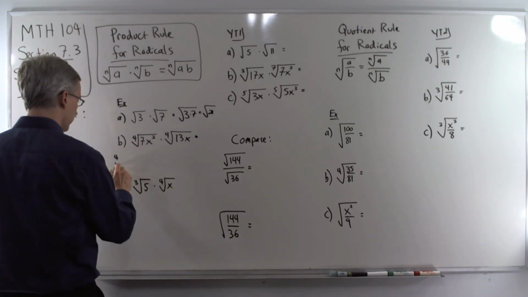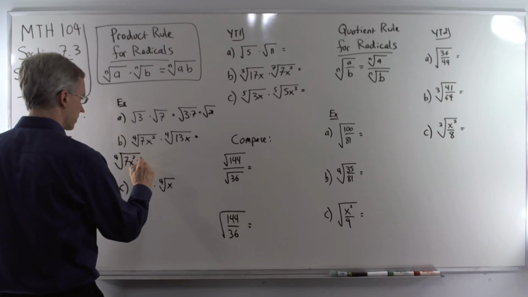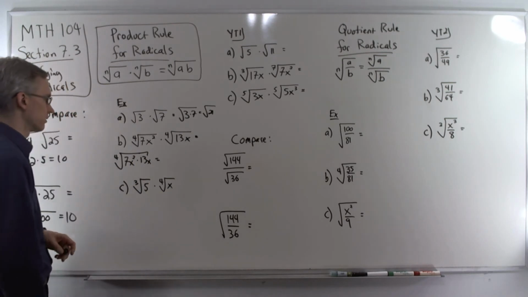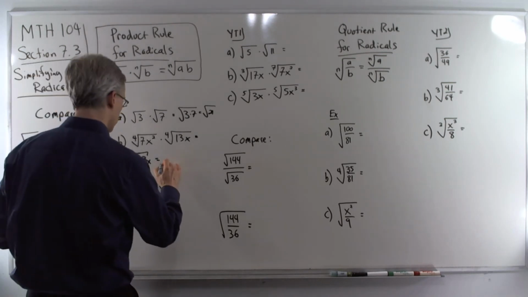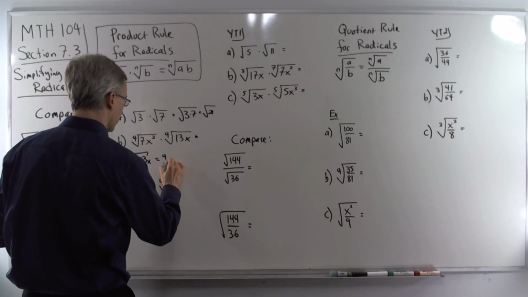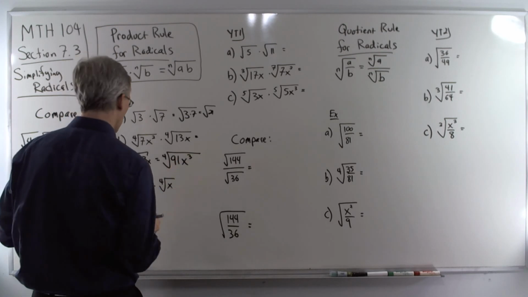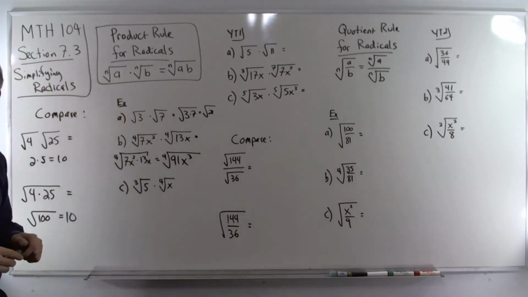So we get the fourth root of 7x squared times 13x. Then multiplying it out, we get the fourth root of 91x to the third power.